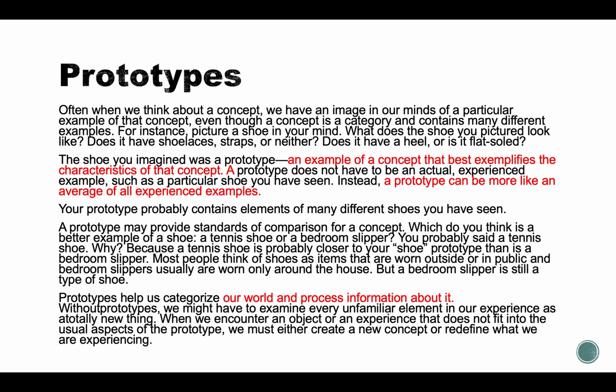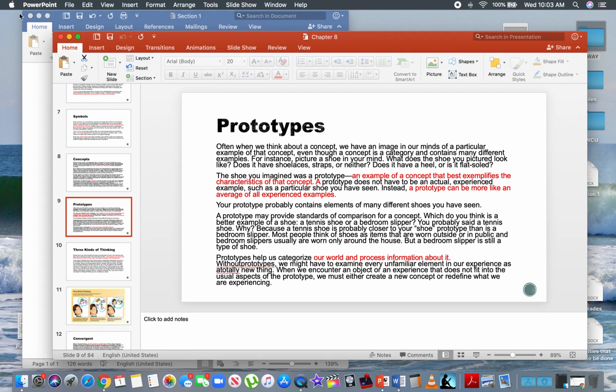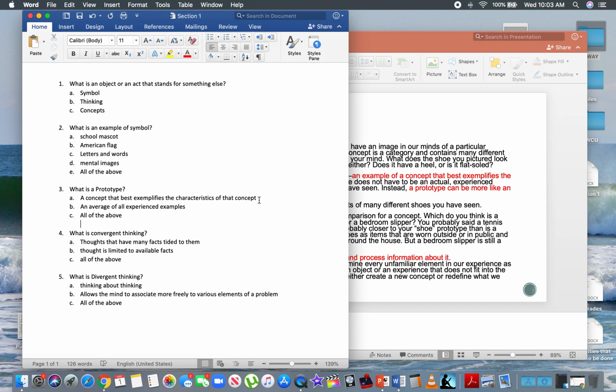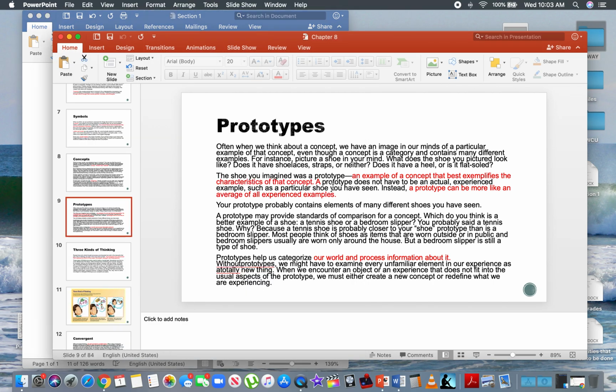All right, the shoe you imagine is an example of a prototype. And a prototype is an example of a concept that best exemplifies the characteristics of that concept. A prototype does not have to be an actual experienced example, such as a particular shoe you have seen.